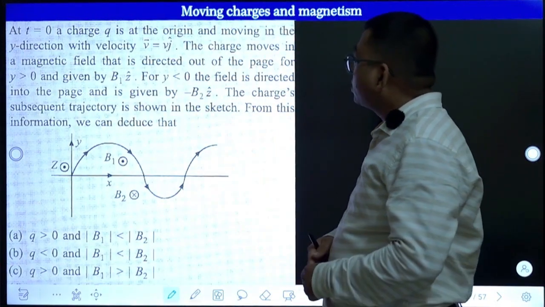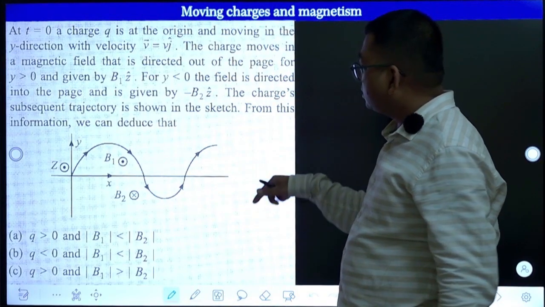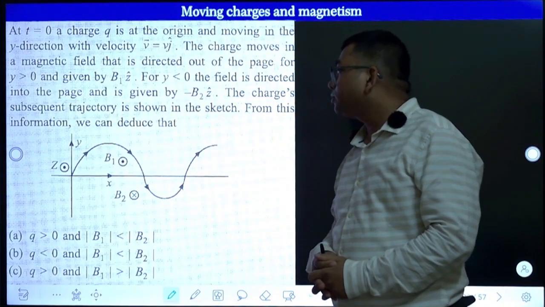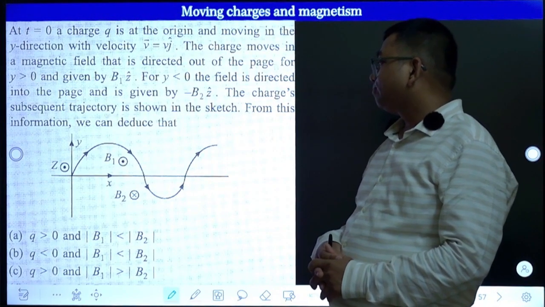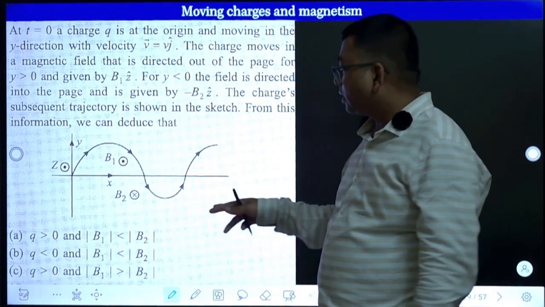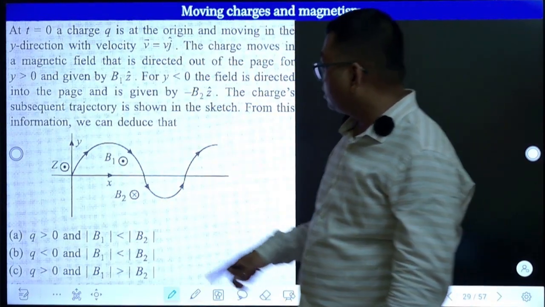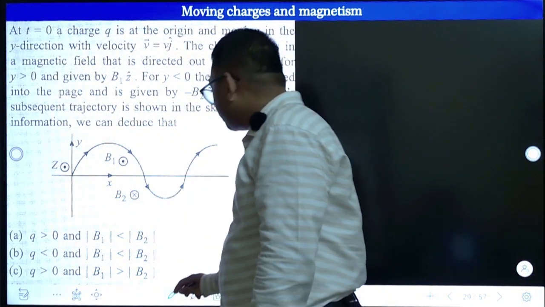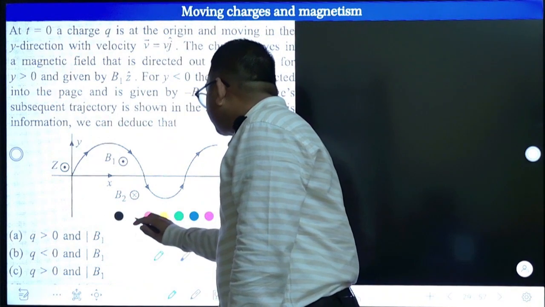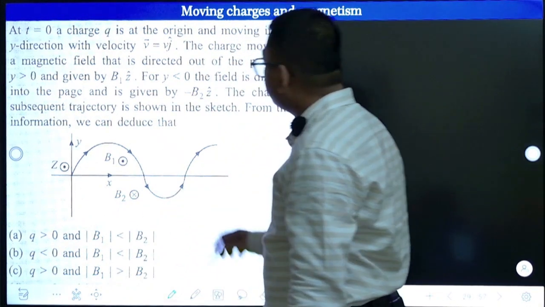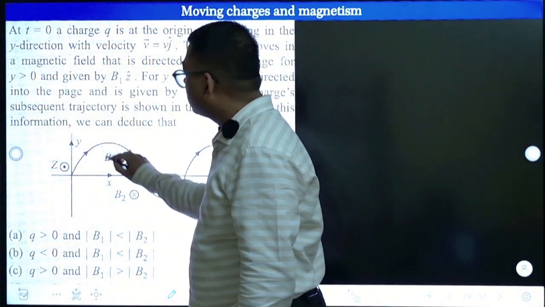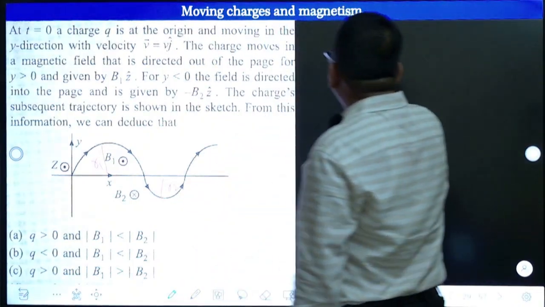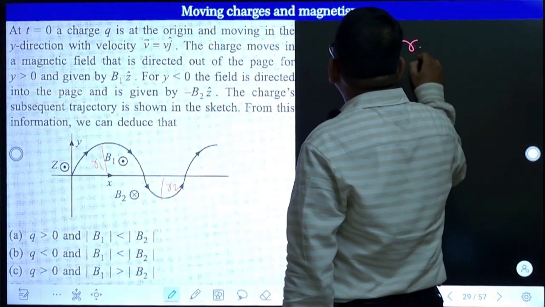Okay, the charge's subsequent trajectory. From this information, what can we deduce? So just try to find out the signs first. And here the radius also we can see: here the radius is small, here the radius is large. So magnitude wise if you compare, which magnitude will be larger? Suppose this radius is r1 and this radius is r2. So r2 is definitely less than r1.